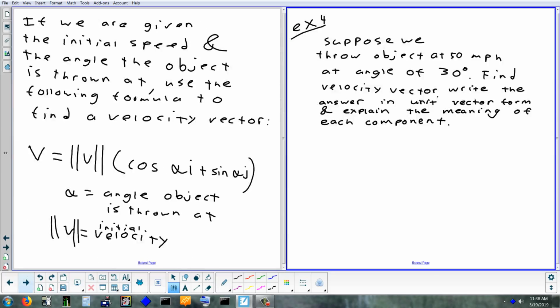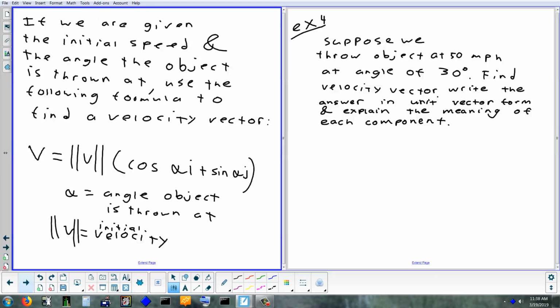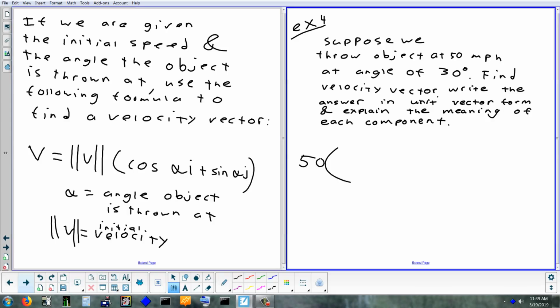So let's start with the magnitude of our object. Emma, what's the magnitude of the object here? 50. Okay, so that's the speed that we're throwing it at. If you want to write it distributed, you can, because that's going to be my next step. Distribute all this 50 out. Rachel, inside the parentheses, what's the first thing I'm going to put?